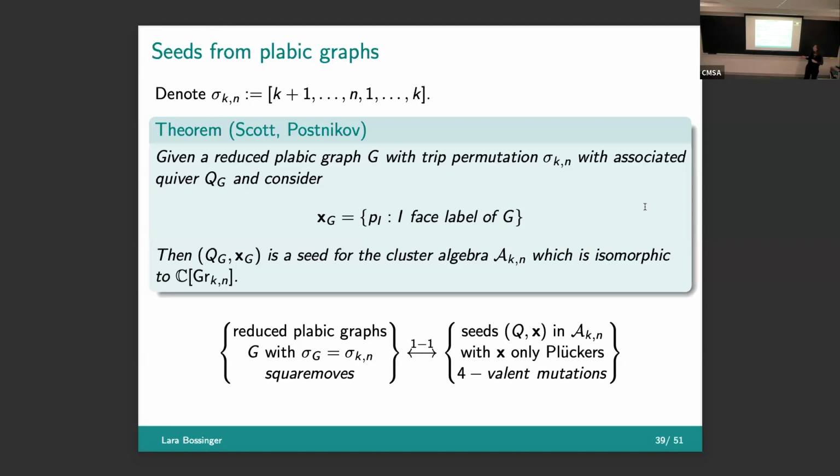So both are finite sets, and the right-hand side is contained in the set of all seeds of this cluster algebra.